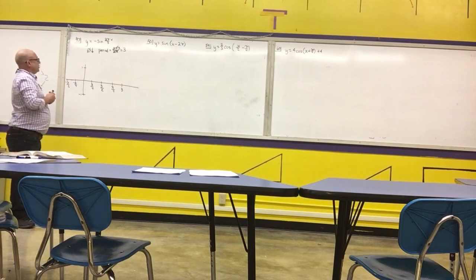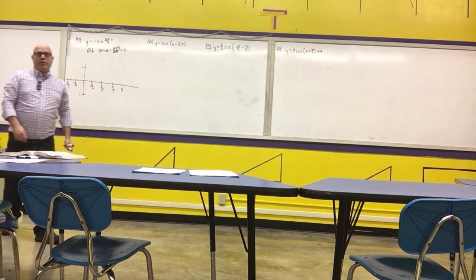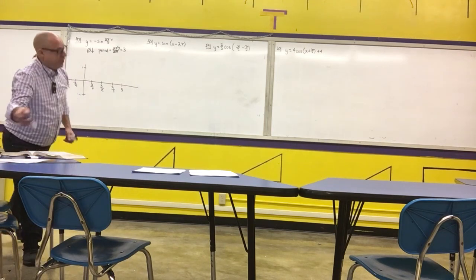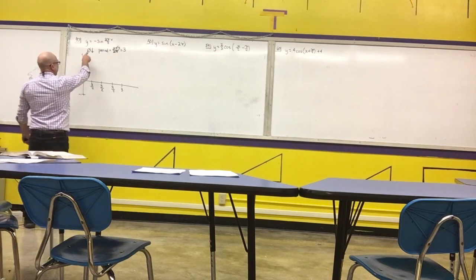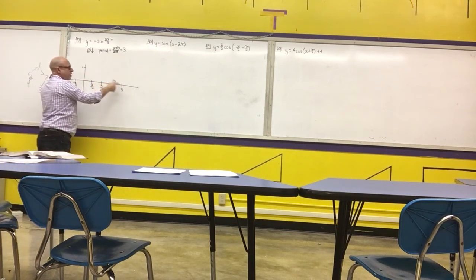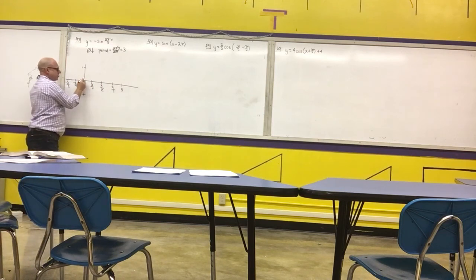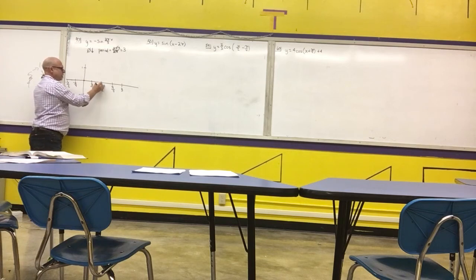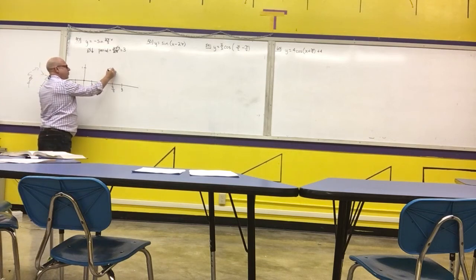So what we're going to do is we are now going to graph our 4 key points on our primary interval for our period. So we're going to start at 0 going down. And at each quadrantal angle, we are going to go to the next point. So starting at 0, going down, then back to 0, then up to 1, then back to 0.